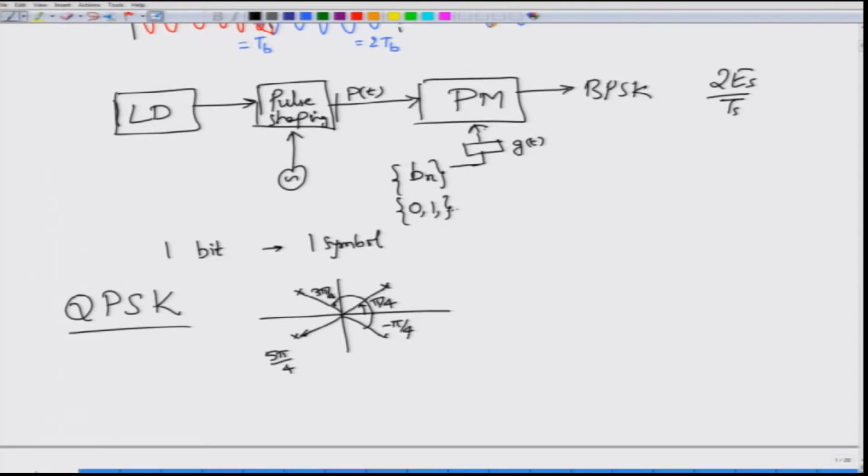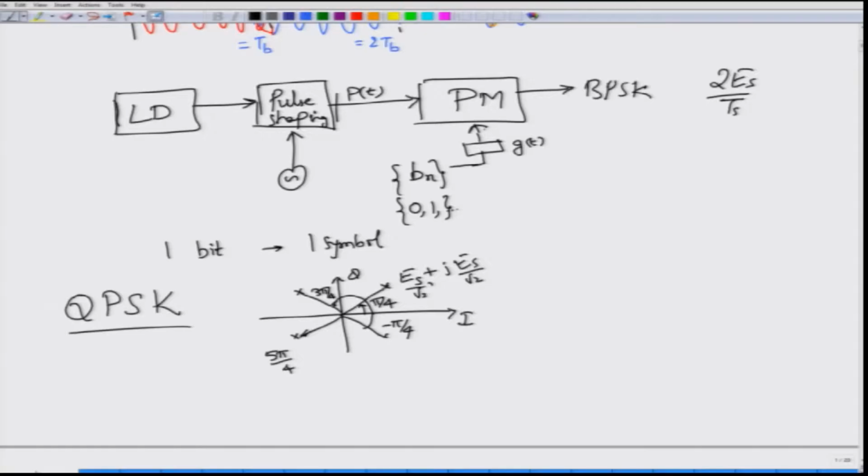If you look at the I and Q axis for this, and say that this angle is pi by 4, this point you have chosen to be at square root of Es by 2 plus j square root of Es by 2. This would be the amplitude of the signal.